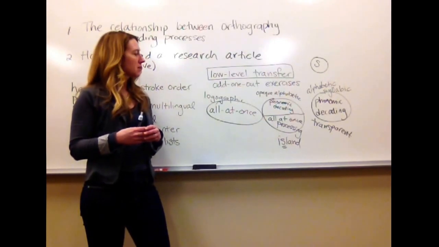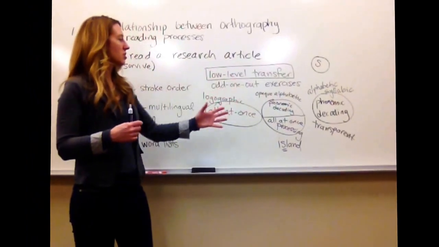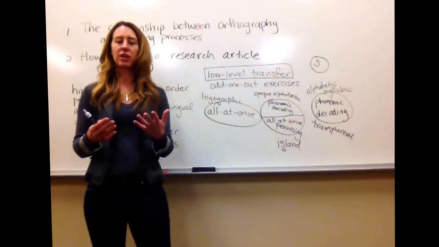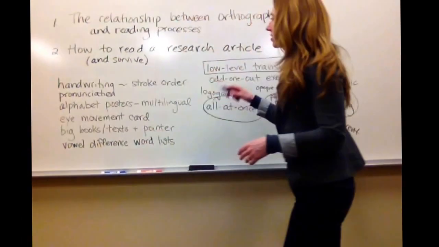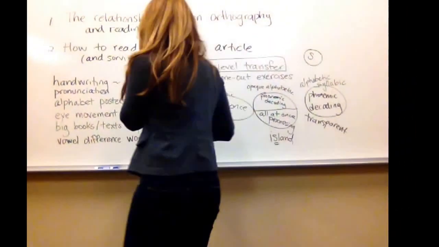Okay. So let's talk about what are some of the issues that students might have as they're coming into your classroom, whether they're child learners or adult learners. And I've got this kind of list of things that you might encounter.